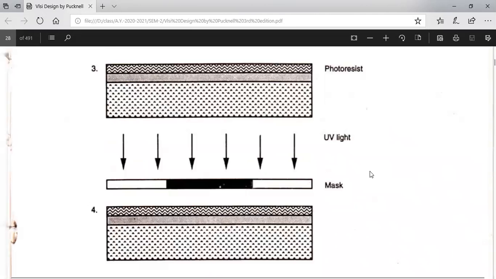I want to make a window in the oxide layer, and I am doing that with the help of a mask, where that black portion is blocking the UV light.